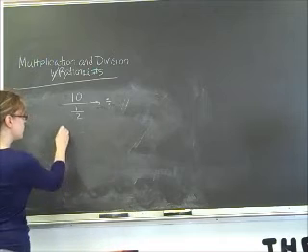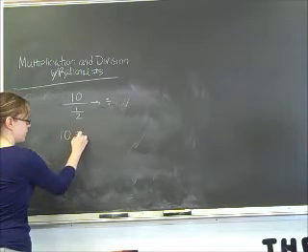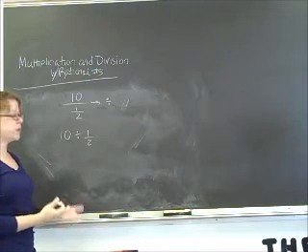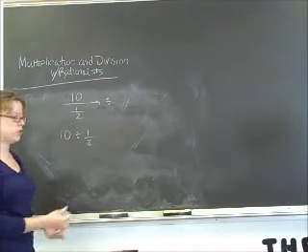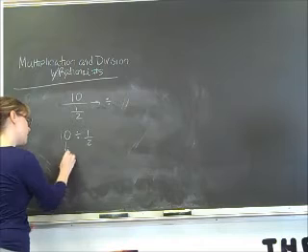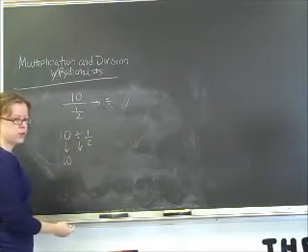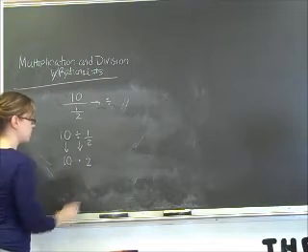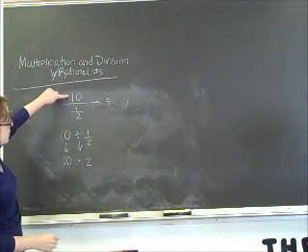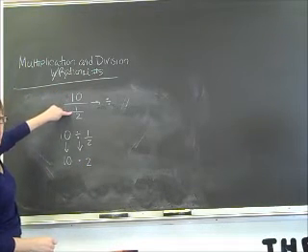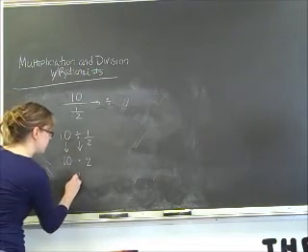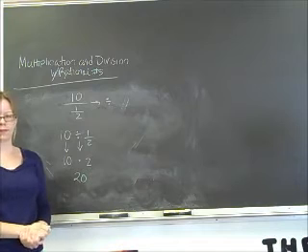So we can rewrite this problem like that, and then follow the rules of multiplying by the reciprocal that we were just doing. The 10 drops down, division becomes multiplication, 1 over 2 becomes 2 over 1. And again, in words, this is saying 10 is half of what we have. So if 10 is half of what we have, then we must have 20 items.